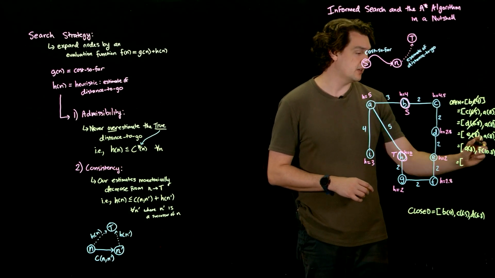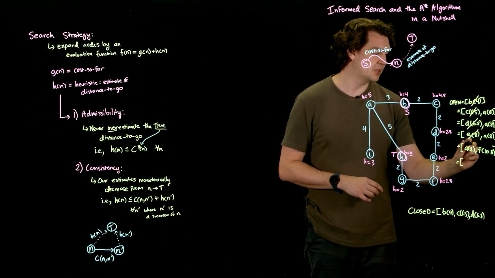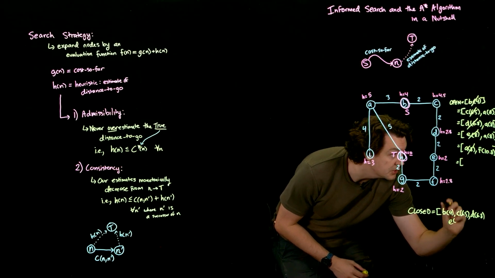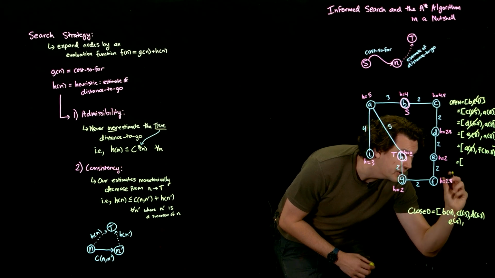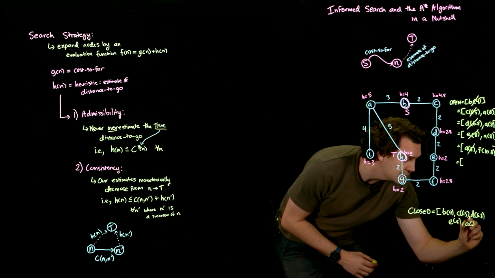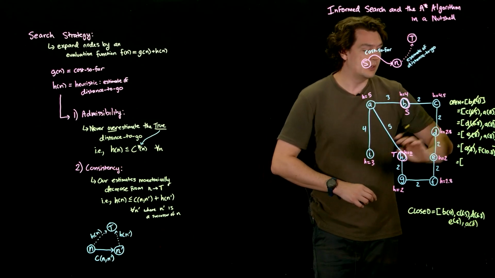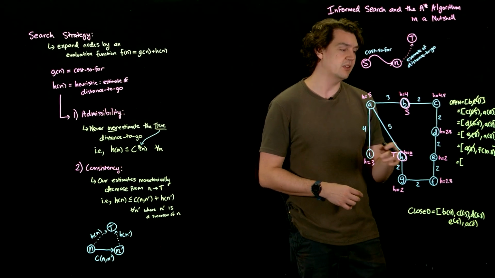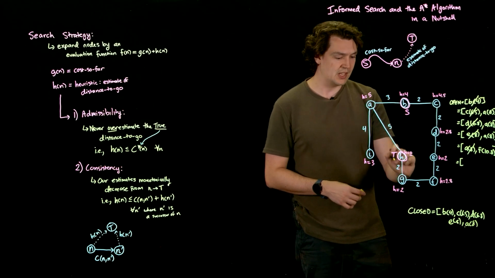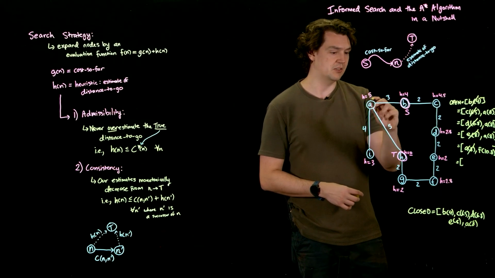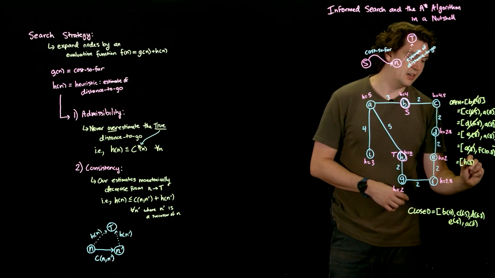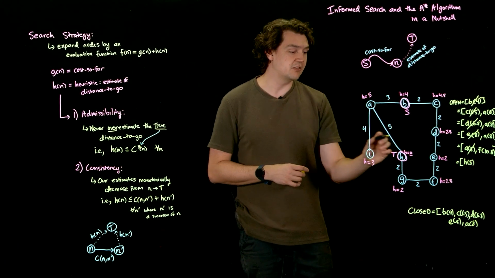Okay, so then what that means is that we're going to expand A first this time. I think I forgot to put E in the closed, so E with 8, and now we add in A with 8 as well. So from A, we discovered 2 nodes. We discovered node H and we discovered node I. Well, H has a cost of 8 plus its heuristic value. So H is added in with 8. Now, its heuristic value is 0.